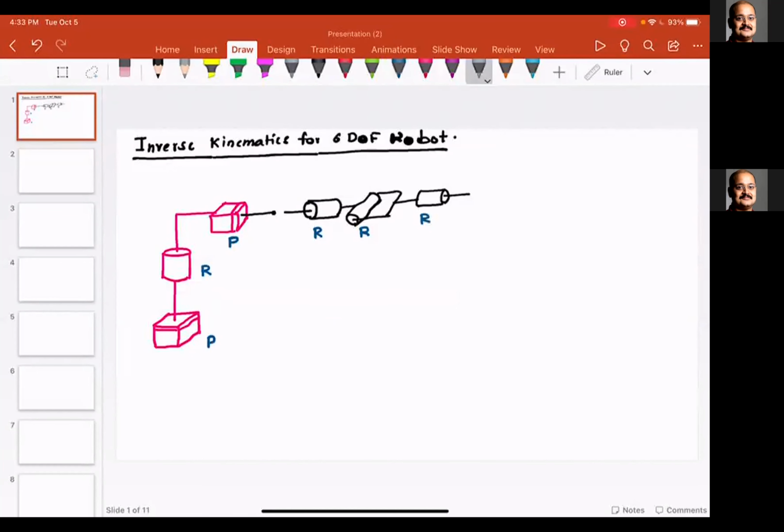The problem that we need to solve is the inverse kinematics for this 6 degree of freedom robot. So what does that mean? That means the end effector position, Px, Py, Pz, and maybe roll, pitch, and yaw values.